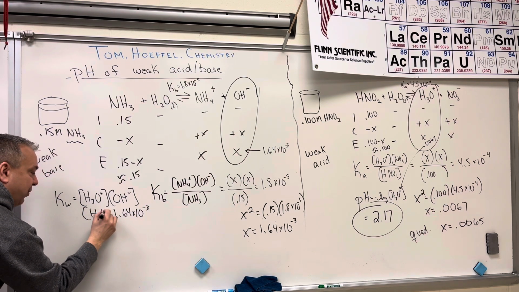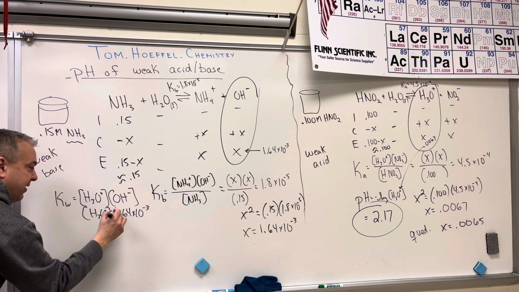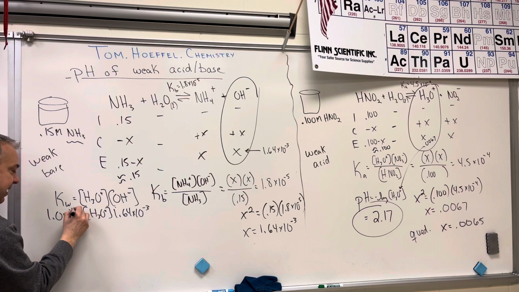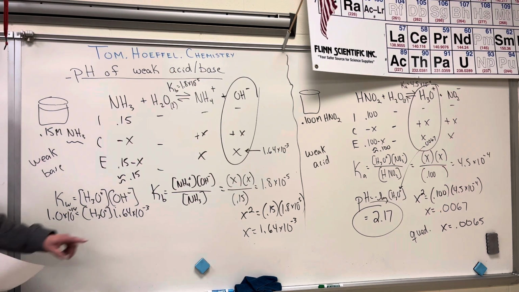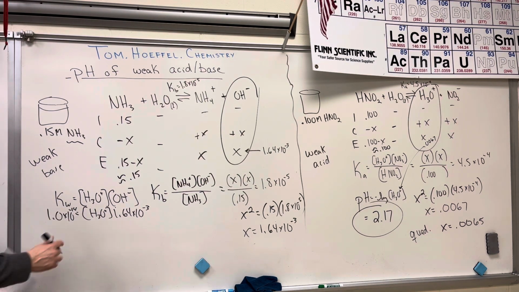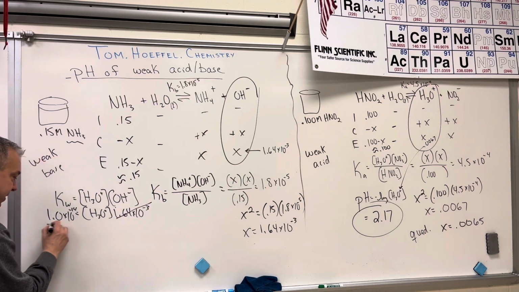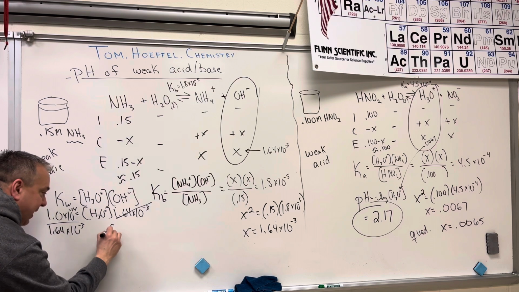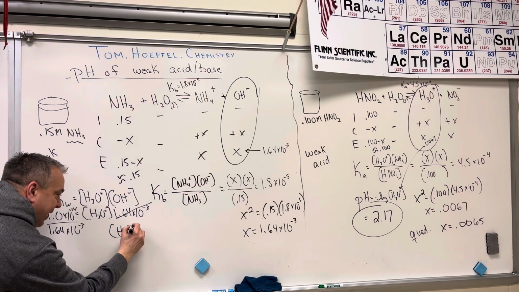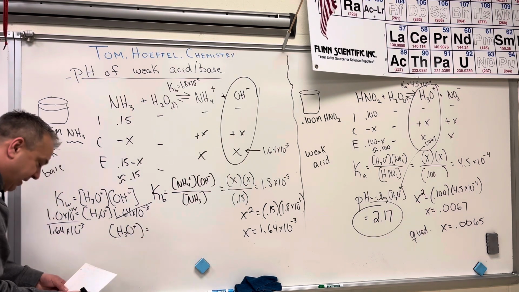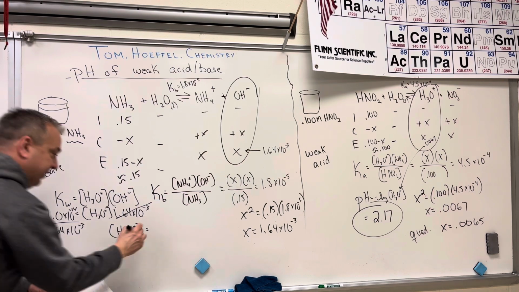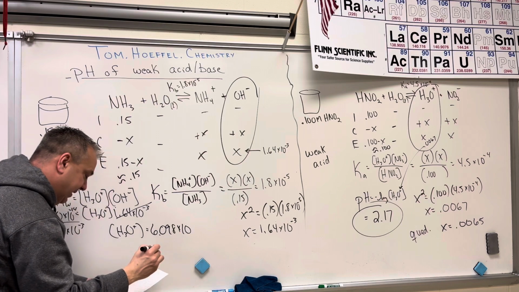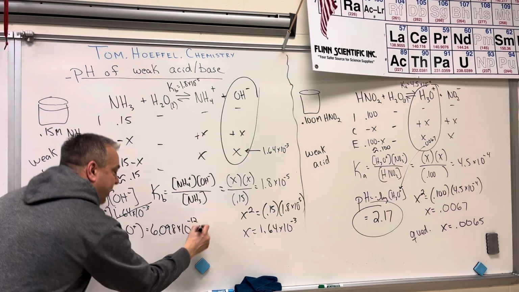I'm going to put hydronium here, and then Kw is 1.0 times 10 to the negative 14. And I can use this to solve for the hydronium ions by dividing by 1.64 times 10 to the negative 3 on both sides. And I find out that hydronium ends up being equal to 6.098 times 10 to the negative 12, okay?